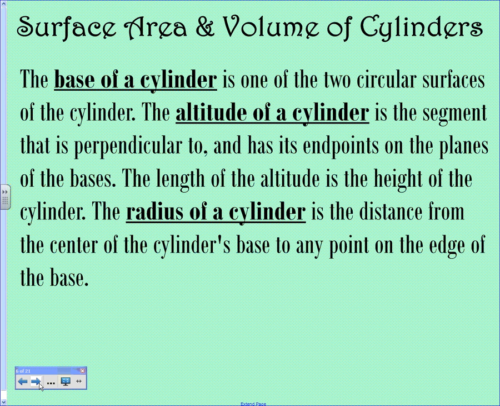The radius of your cylinder is the distance from the center of your base to any point on the edge of the base. If you think about a cylinder, its base is a circle, so the radius of the cylinder is the radius of the base.